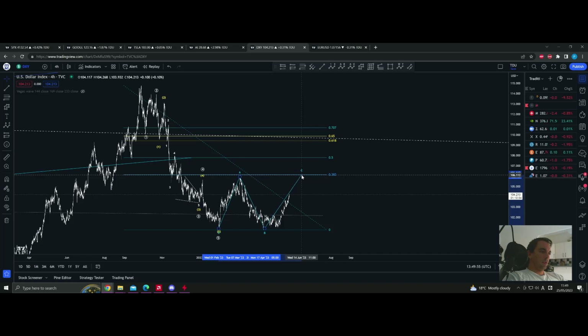C is most of the time the same length as wave A when it comes to flats, but also you can go further and visit some measure move area.